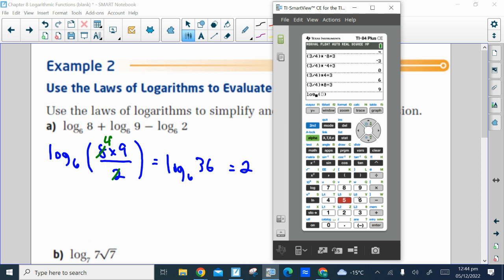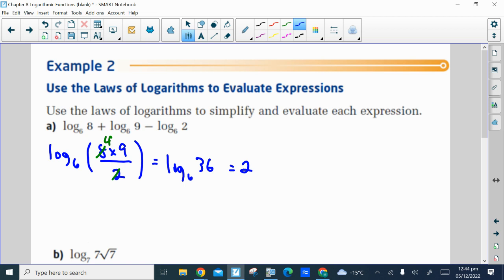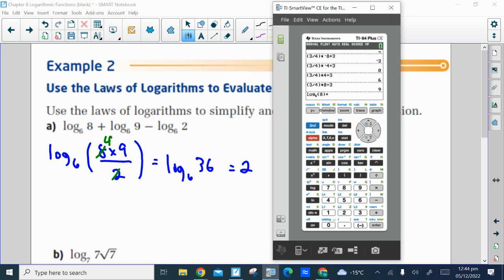Log base 6 of 8 plus log base 6 of 9. Minus log base 6 of 2.